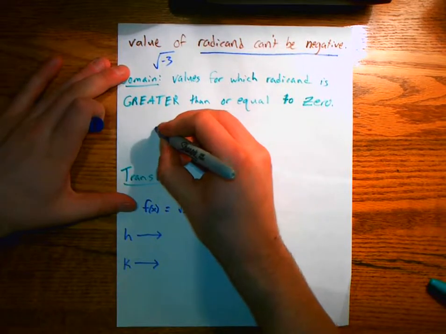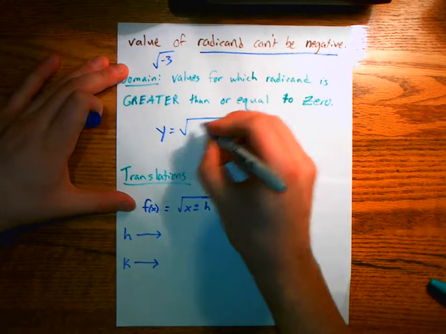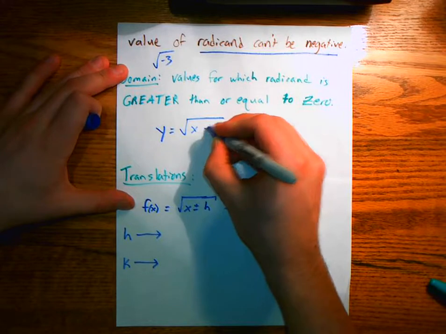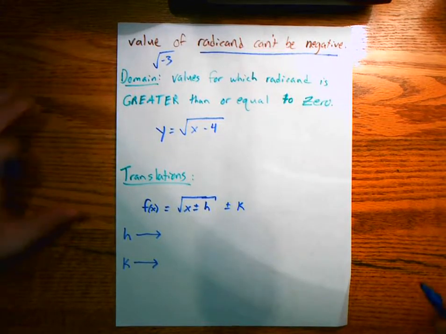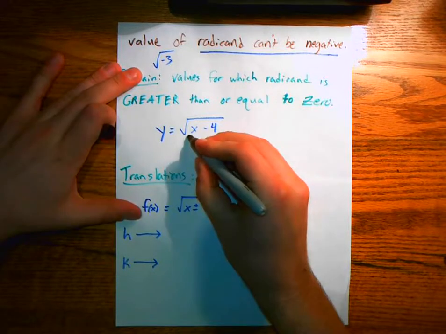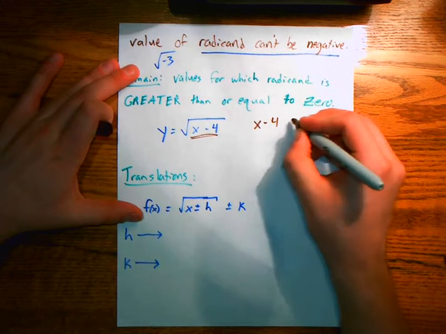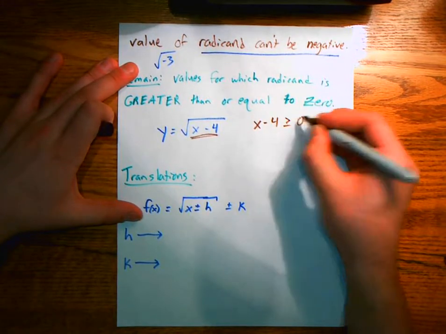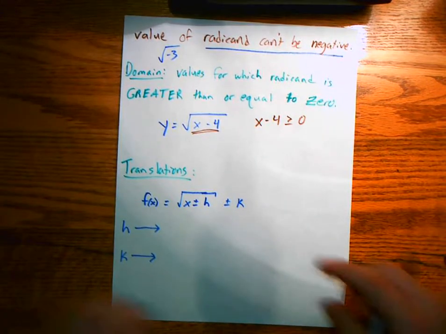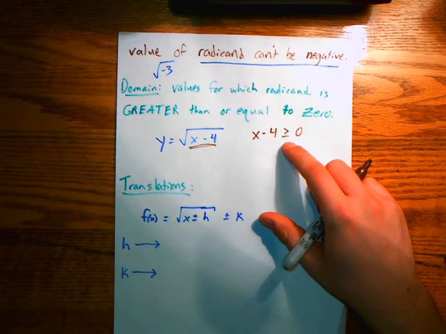Let's say you have the function y is equal to the square root of x minus 4. To find your domain, take the expression listed underneath your radicand, x minus 4, and set it greater than or equal to 0, because it's not allowed to be negative, so it's not allowed to be less than 0. It can be greater than or equal to.